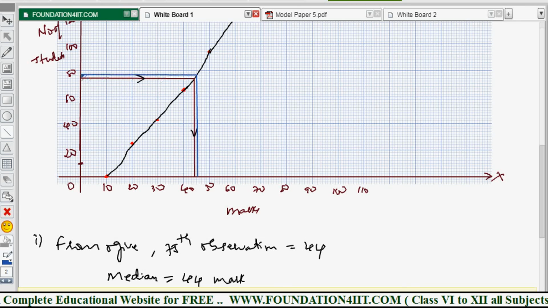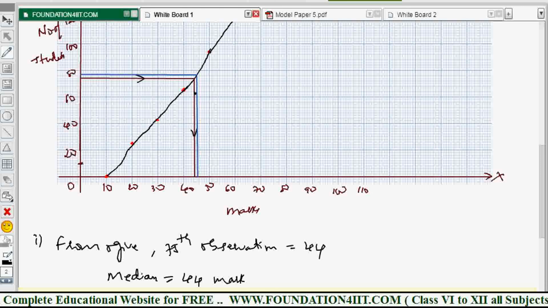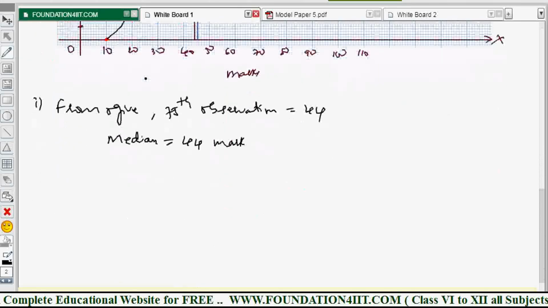Accurately take it, and just give the arrows. So 78. From the ogive, the number of candidates who got marks less than 45 is 78 students.